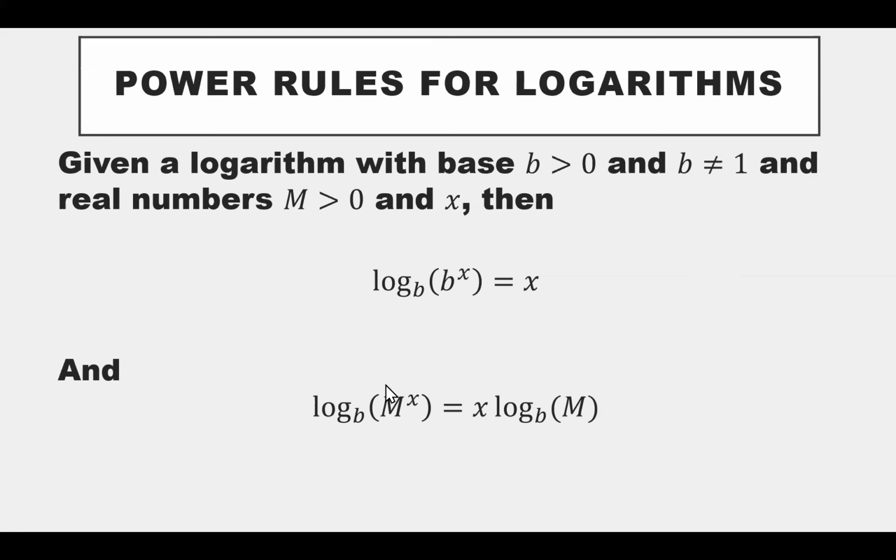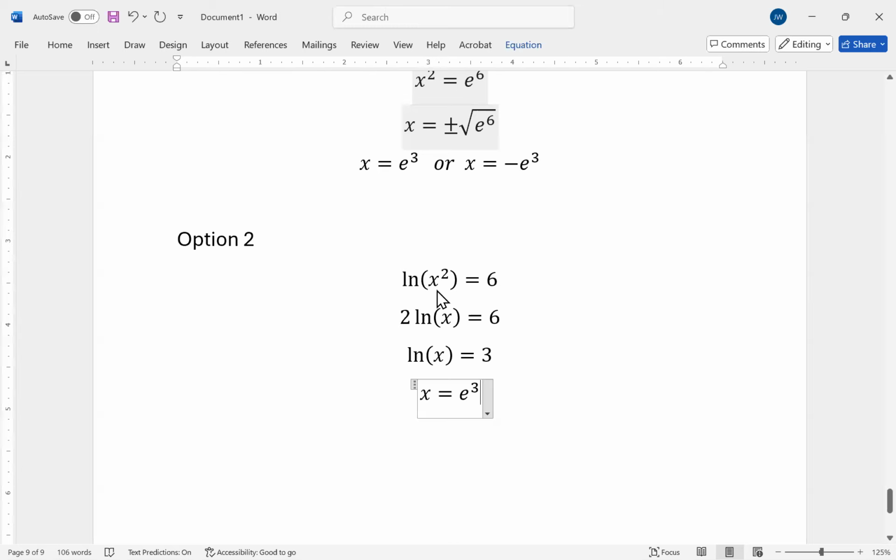So by doing that rule, our problem was essentially assuming that this base m, in my case, had to be positive. So by doing this rule, taking 2 out front, it was assumed that x had to be the positive version of x. Otherwise, natural log of x doesn't make sense. So if you're utilizing that power rule, note that you're only going to get the positive version of the answer.